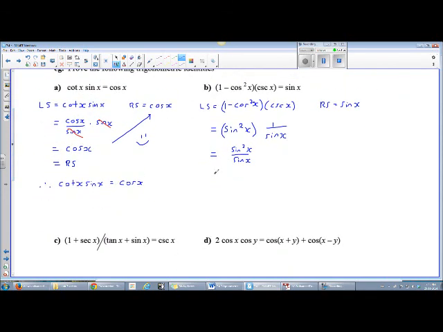So I can cancel out one of these sine x's and the one on the bottom, and that will just leave me with sine x, which is the same as the right-hand side. Therefore, 1 minus cosine squared x times cosecant x does indeed equal sine x.